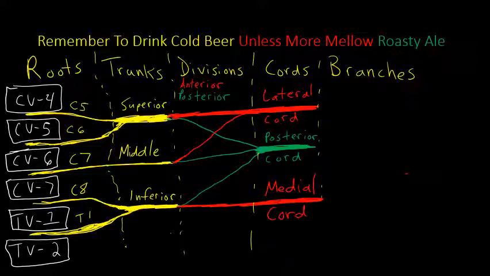Last, we'll have our branches. The branches are the spinal nerves that travel through the arm. And the mnemonic device, unless more mellow, roasty ale, tells us the first letter of each of those nerves: ulnar, median, musculocutaneous, radial, and axillary.